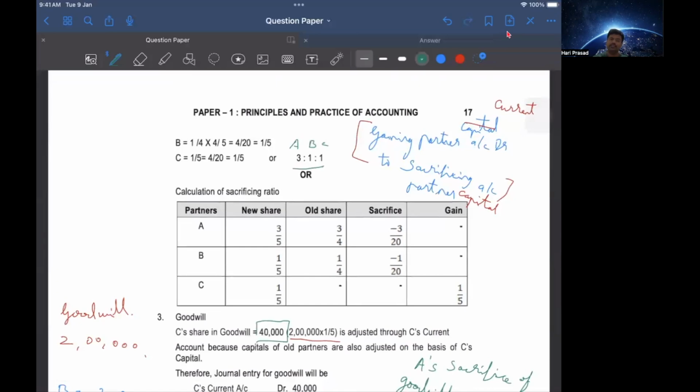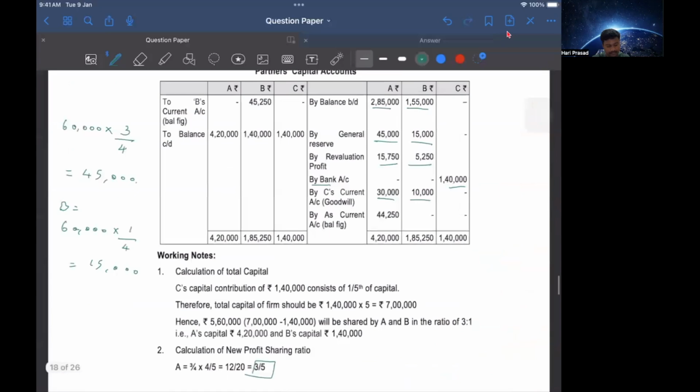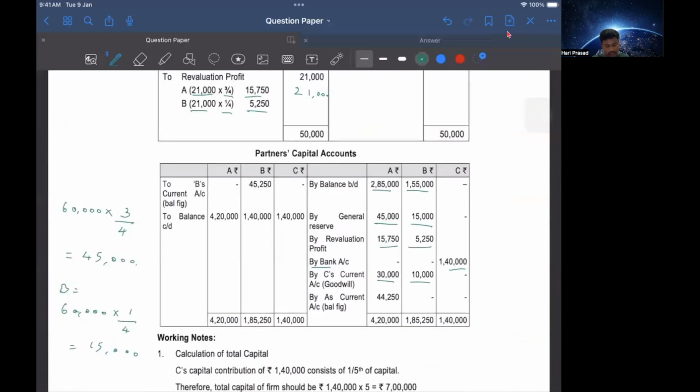That is, the first point is C's capital and B's capital should be equal, 1:1. What is C's capital? 1,40,000. Which means B's capital should also be 1,40,000.